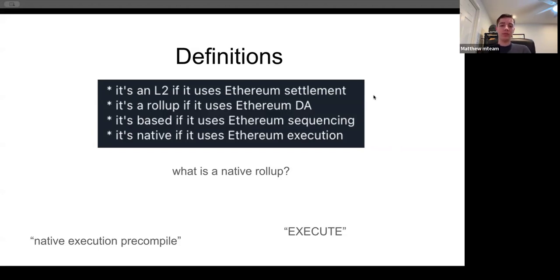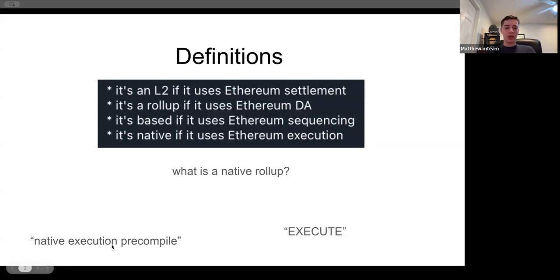Cool. The way that I would approach this is not just defining things, but also talking about some terminology as well. That's something we failed to do for based rollups, for the most part, and that was very tricky for writing some of the first research write-ups, because everyone uses different words to talk about the same thing.